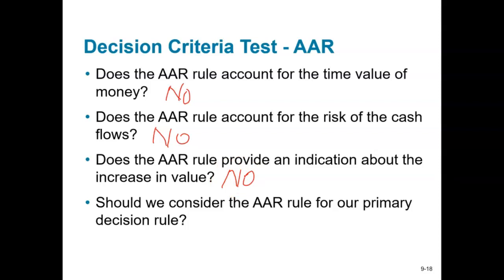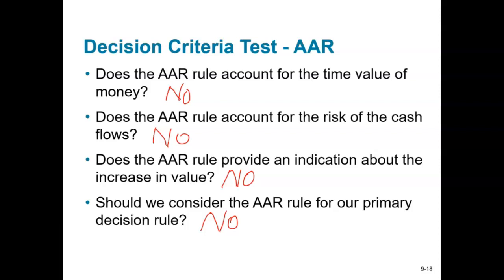Okay, that is static data, but the cash flows are the dynamic data which we need to take in the investment decision criteria. And should we consider the AAR rule for our primary decision rule? No, because of its flaws, and it is worse than the payback period, we will not take it into consideration as our primary decision rule while making investment criteria decisions or capital expenditure decisions.